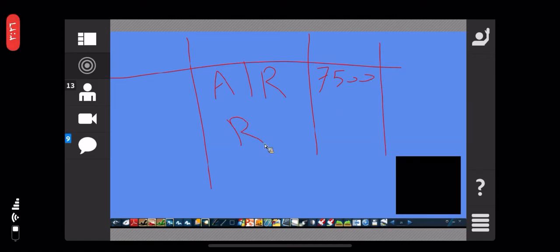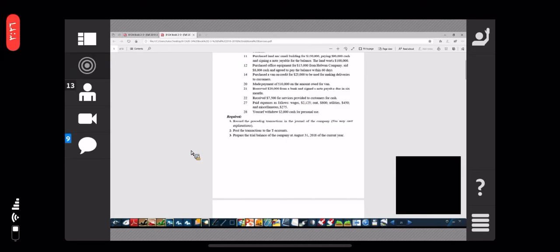So the journal will be accounts receivable debit, for example 7,500, and revenue will be credit 7,500. Clear? Transaction 27.